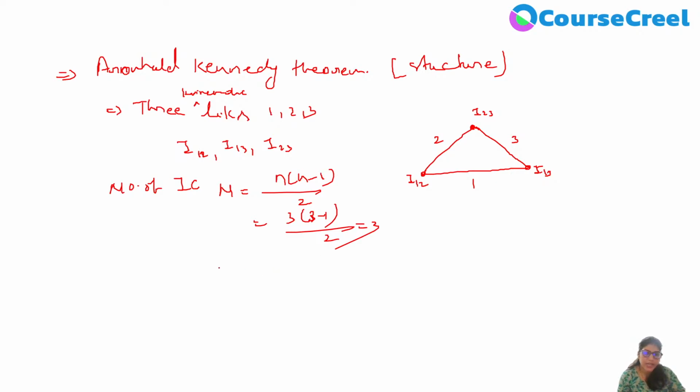अब as per the Kennedy, आर्नोल्ड कैनेडी, if we are having three bodies which are moving relative to each other, it will have three instantaneous centers which will lie on the same line.